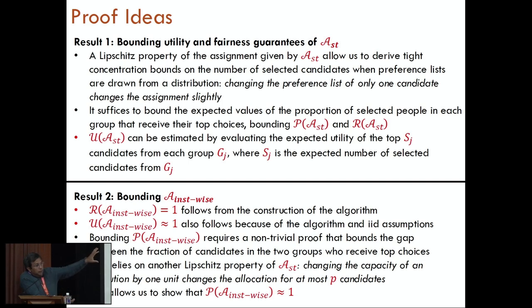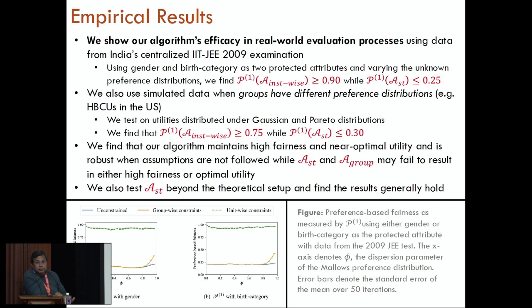Similarly, there is a Lipschitz property or a stability property with respect to the change in preferences that is crucial to the proof for result 1. So I think these properties that we discovered while proving a result should be of independent interest to people who are generally interested in Gale-Shapley and the college admissions problem. Next slide, please.